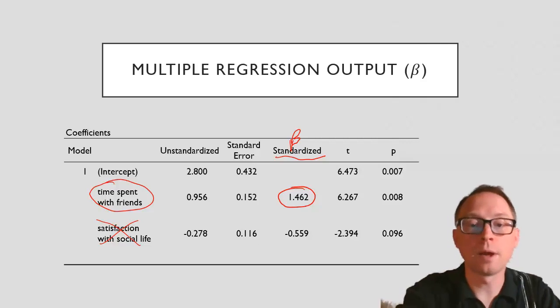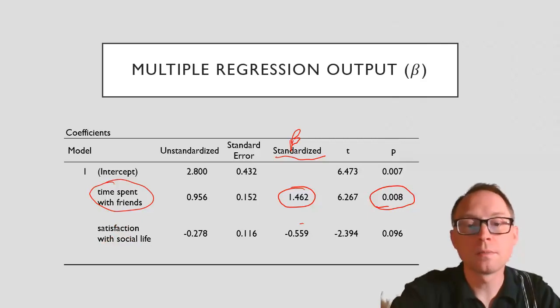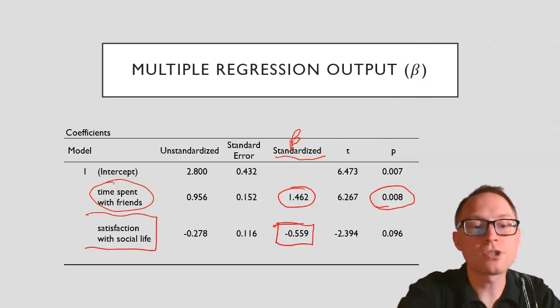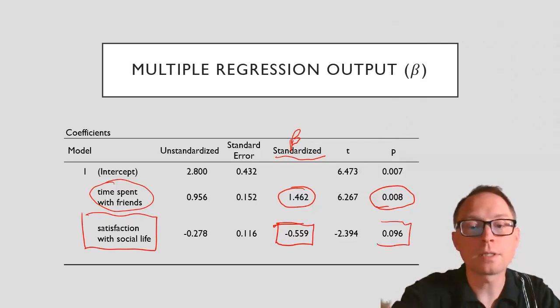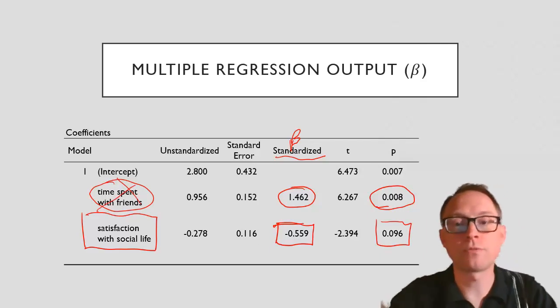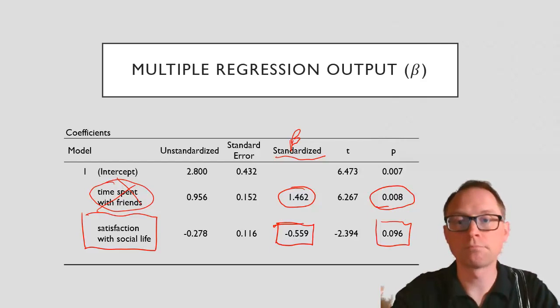And by the way, this is the p-value for that statistic. Conversely, this beta is the influence of satisfaction with your social life on happiness without the influence of time spent with friends. Okay?